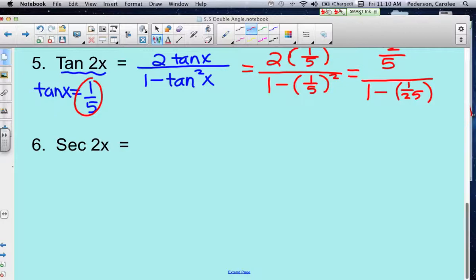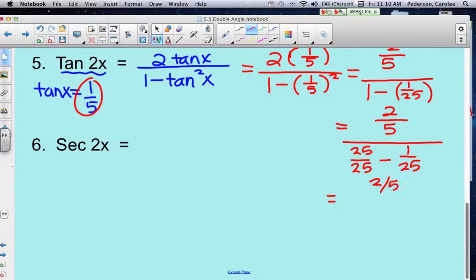Now I'm going to clean up that denominator. 2 over 5 stays the same. And then I have 25 over 25 minus 1 over 25. 2 over 5 divided by 24 25ths, since 25 25ths minus 1 25th is 24 25ths.